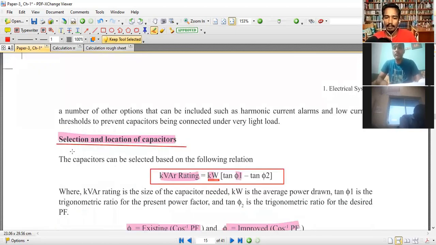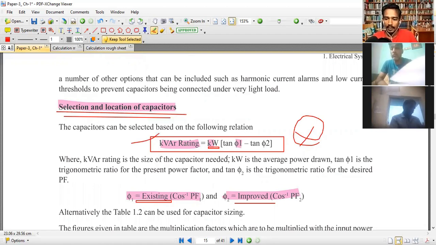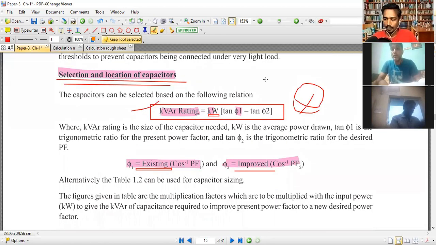Selection and location of capacitor bank. This is a very important formula, to easily calculate the kVAR. The kVAR rating equals kilowatt times tan phi 1 minus tan phi 2. Here I will put in a calculation.